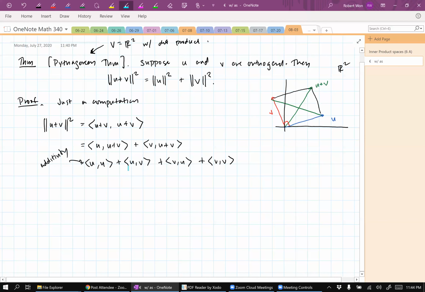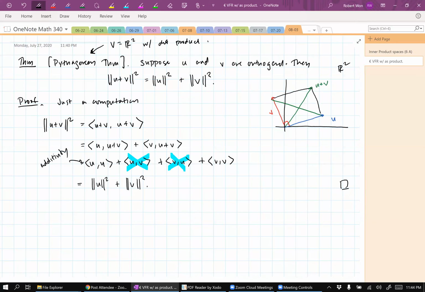And now u and v are supposed to be orthogonal. So this is 0, this is 0. And what you're left with, the inner product of u with itself, that's the norm of u squared plus the norm of v squared. Okay, so this proof works totally in general.